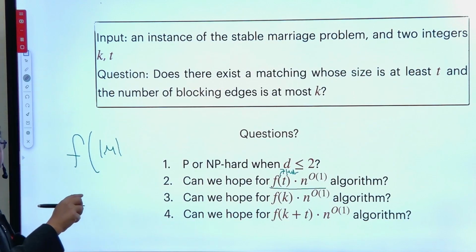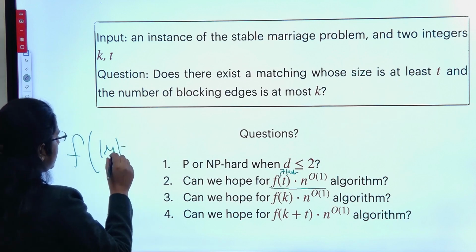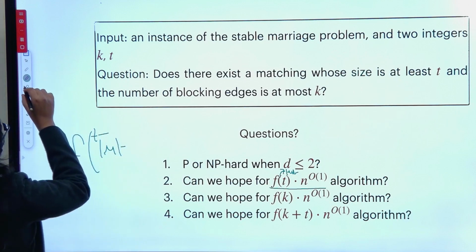Mu is the size of a stable matching, sorry, this is T minus mu.